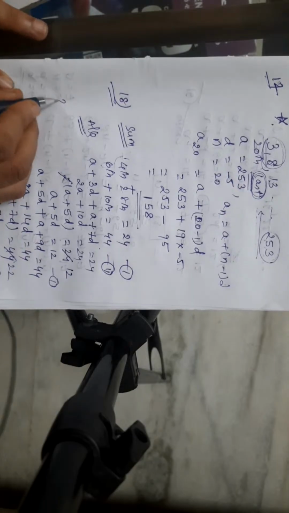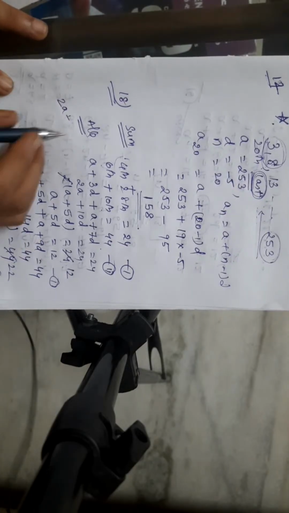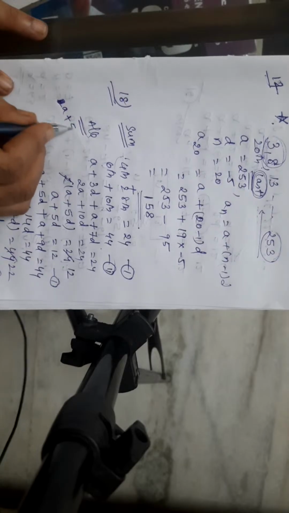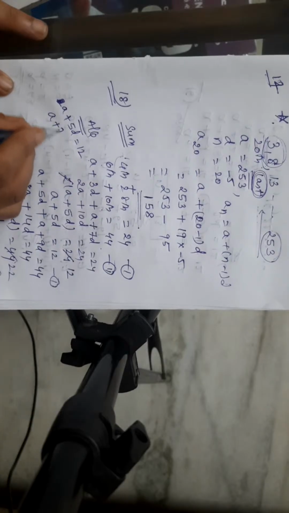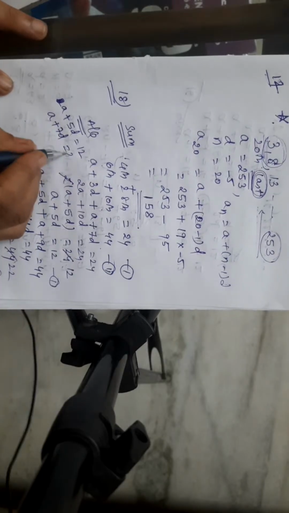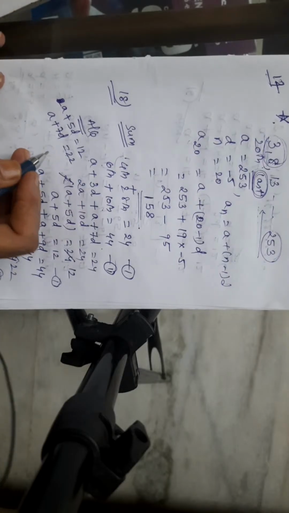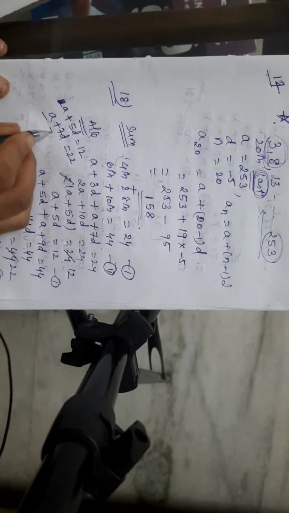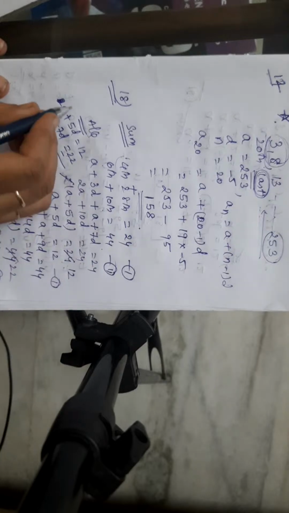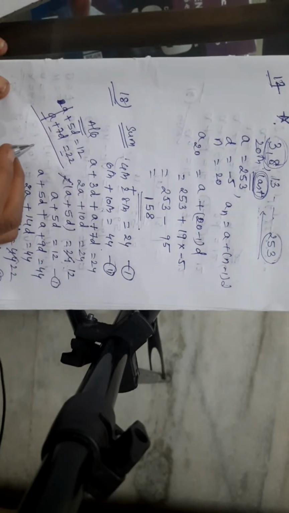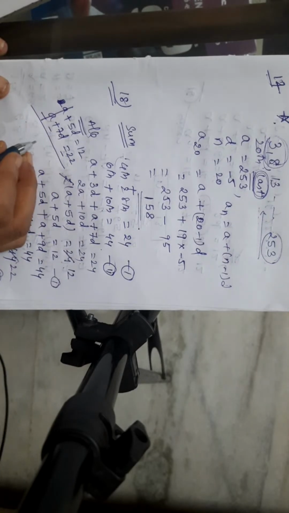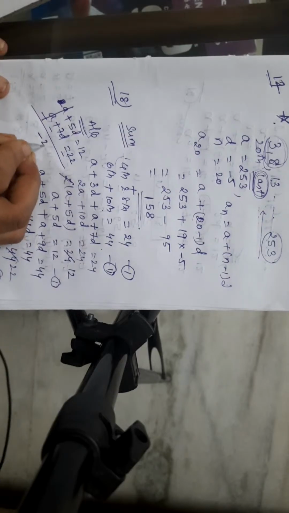Now we need to solve both the equations to get the values of a and d. So let's start with that. a plus 5d is 12 and a plus 7d is 22. Solve both equations by the elimination method, so we are going to change the sign. a will get cancelled, so finally we have 5 minus 7, minus 2.